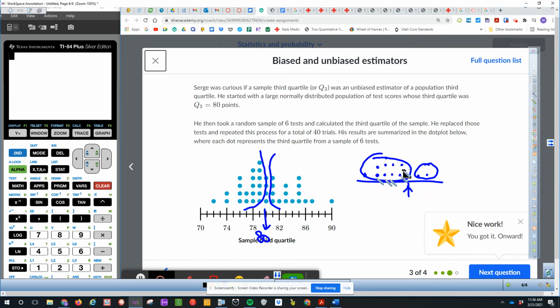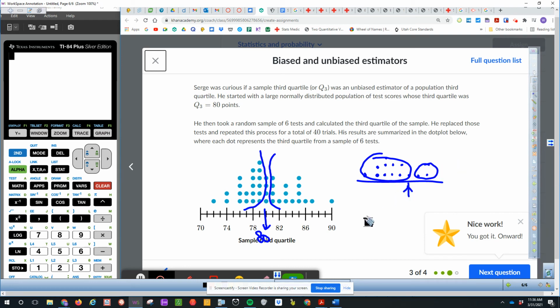So you would say that the sample would be underestimating the true population parameter because there's more here, which is less. It always underestimates.